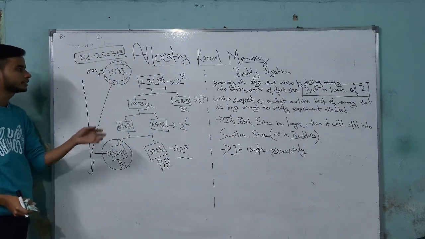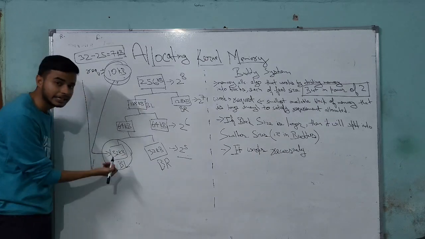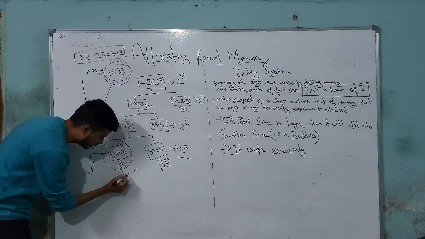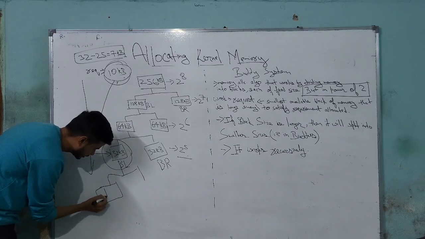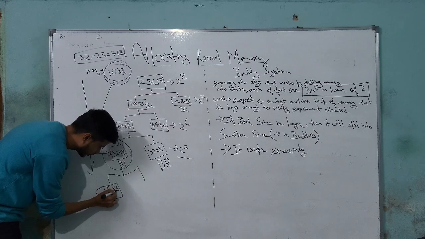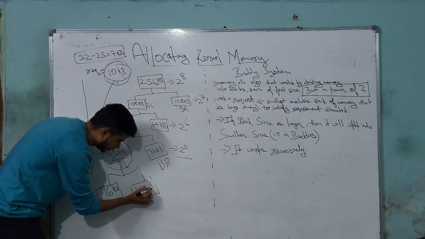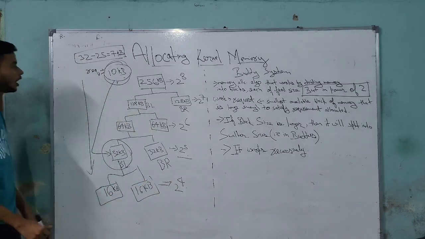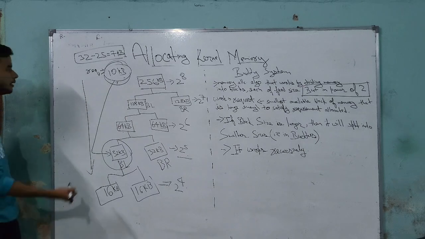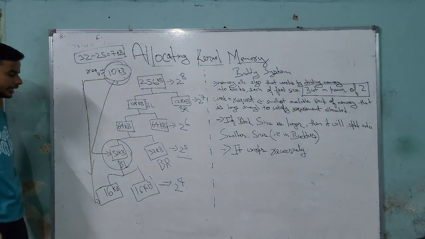So if the requested memory is 10 KB, then again this will split in powers of 2, that is, into a 16 KB block and a 16 KB block, which is again 2 to the power 4. Now this 10 KB will be allocated to this 16 KB block.